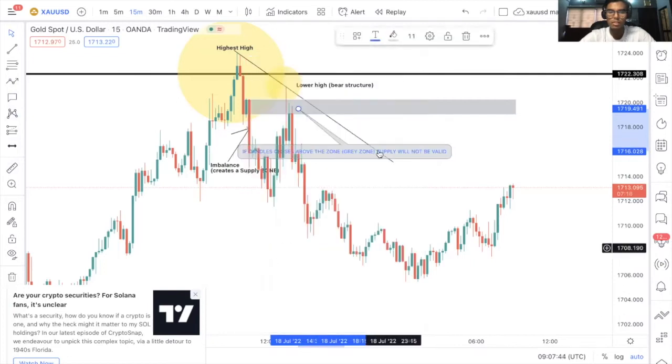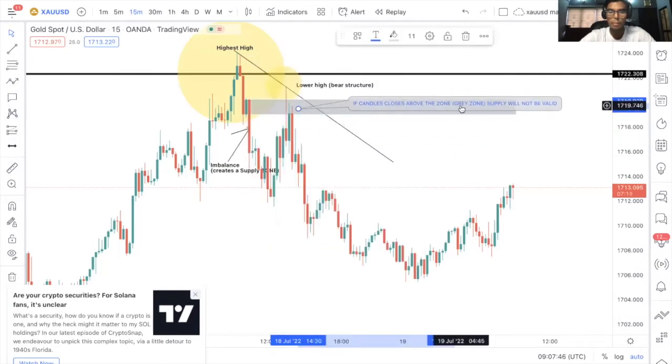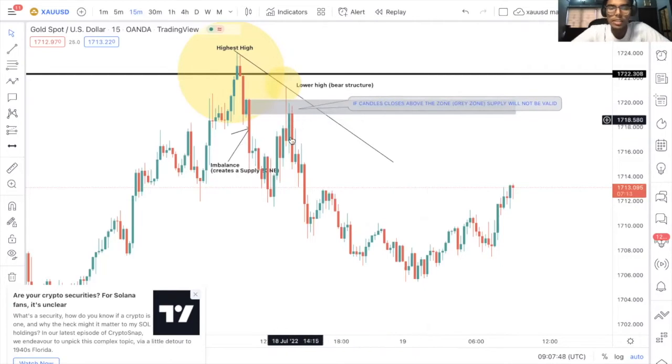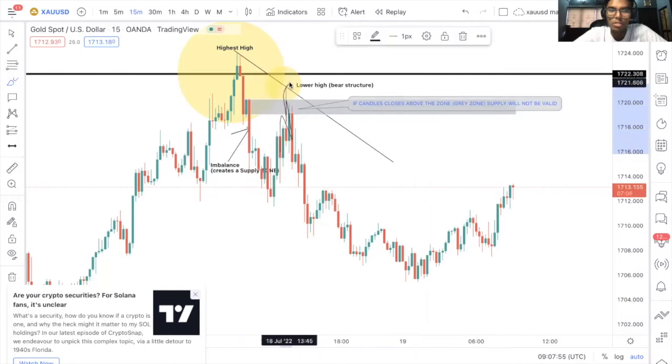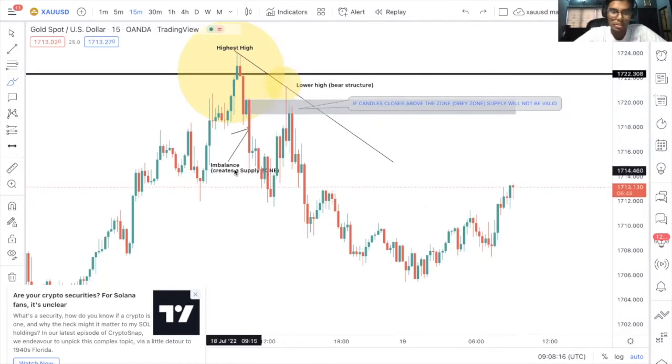What I mean is, let's say these candles here, if I see these candles trading like this, and then eventually go above this box and then close and then go higher, the supply zone wouldn't be valid anymore. But if it closes inside the box or below the box, that confirms that there has been a rejection and there's going to be a drop in price coming. So that was my fourth confluence on why we had such a trade.